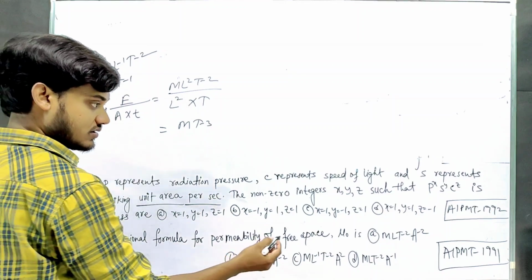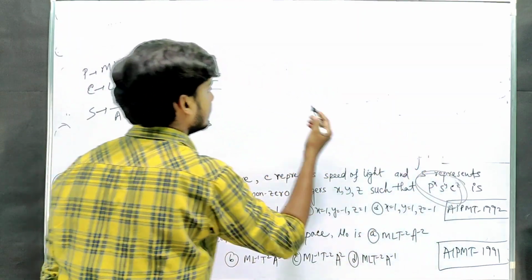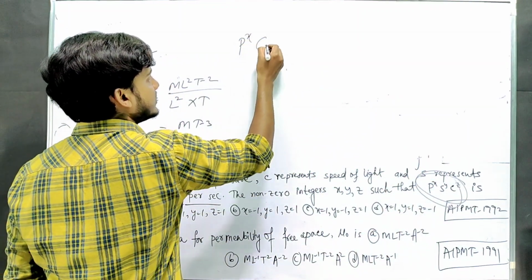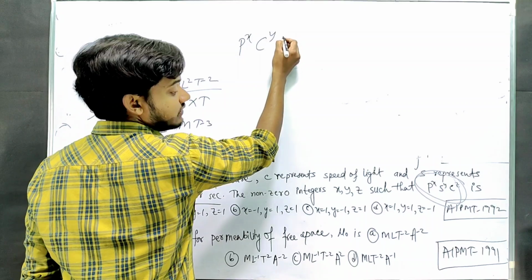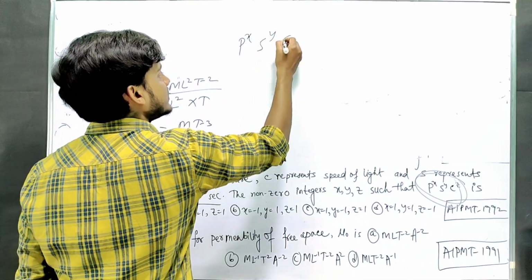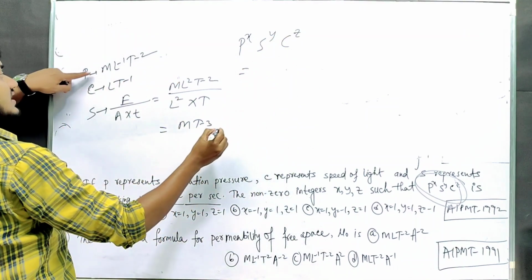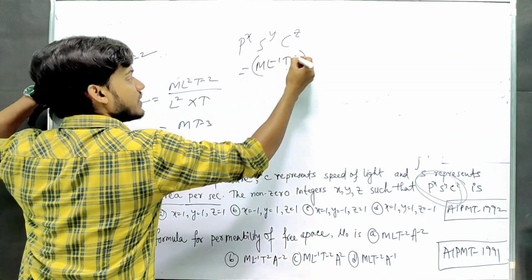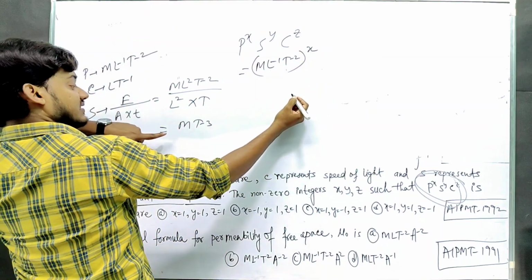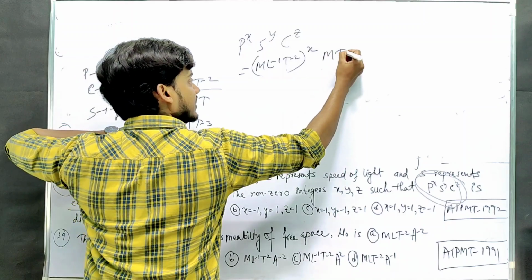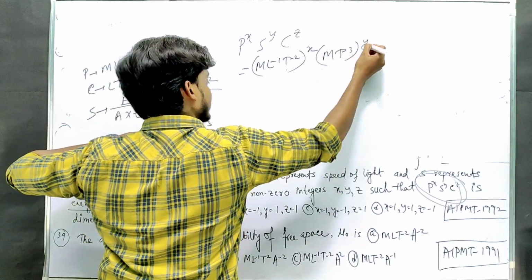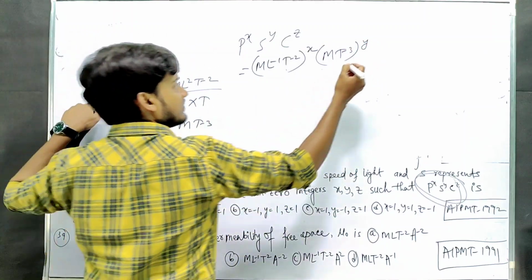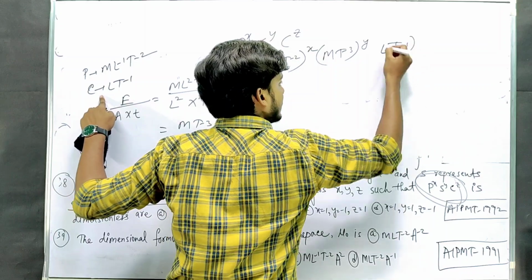Now we have to look at P to the power x, S to the power y, C to the power z: (M L inverse T inverse 2) to the power x, (M T inverse 3) to the power y, (L T inverse) to the power z.